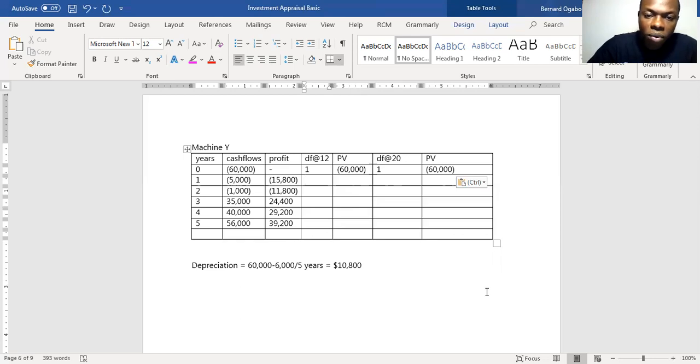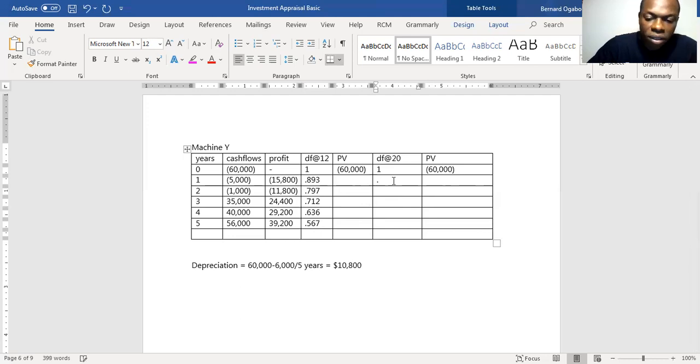We have 0.893, 0.797, 0.712, 0.636, 0.567. I come to 20%.